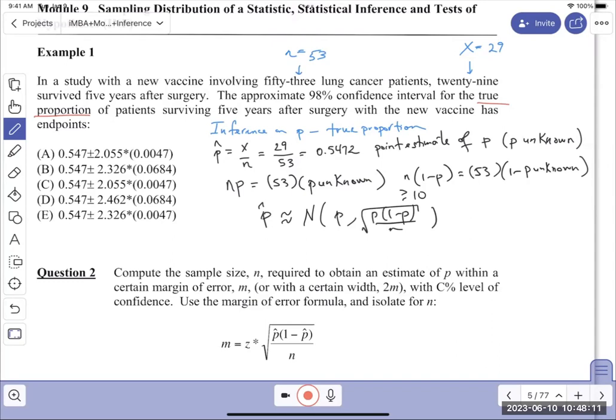So this result, if I know P, should be true, right? But I don't know P. So you see, I keep on hitting up against a wall because I don't know P.